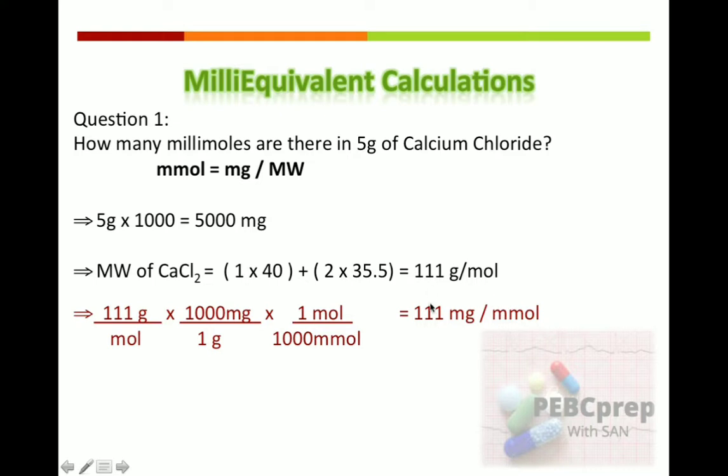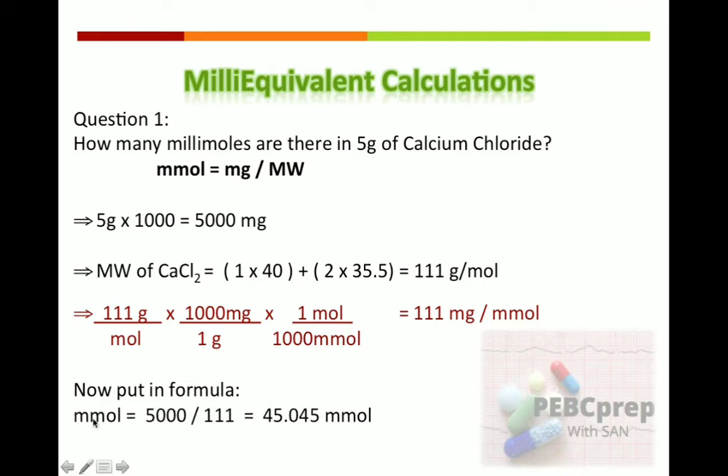So in the exam, just remember this, okay? Now when we put everything in the formula, we get millimoles is equal to 5000 divided by 111, which is equal to 0.045 millimoles. That will be our answer.